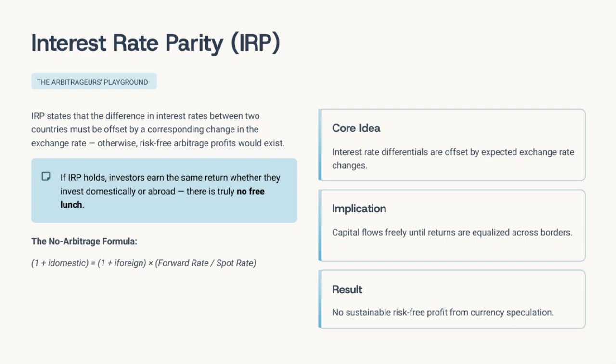If it isn't, risk-free arbitrage profits would be possible, which contradicts the idea of market efficiency. So in this arbitrageur's playground, or the currency market, IRP keeps things in balance. It ensures that any interest rate advantage is neutralized by exchange rate expectations, maintaining a level playing field for investors.